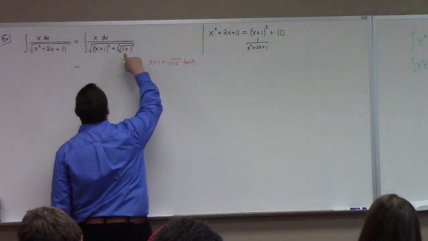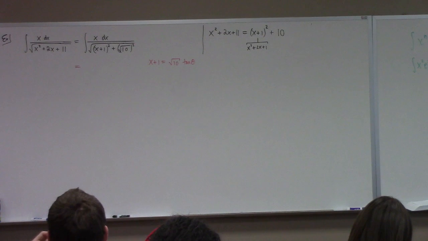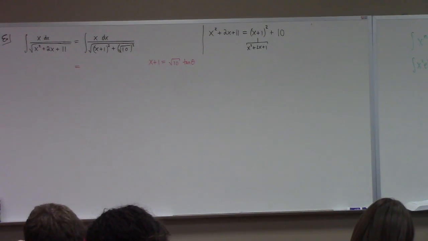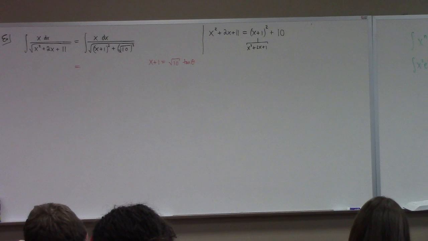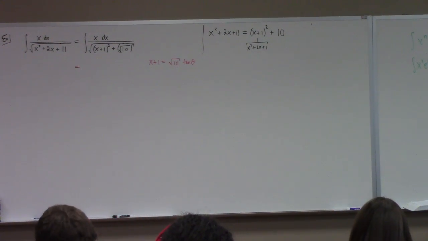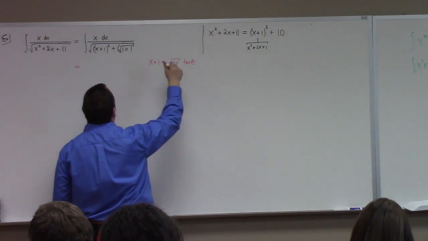How many of you want me to make a u substitution first and then do that? U substitution. Is that easier? I don't know, that's a harder question for me to answer. I'm going to stick with this and see what it does to us.